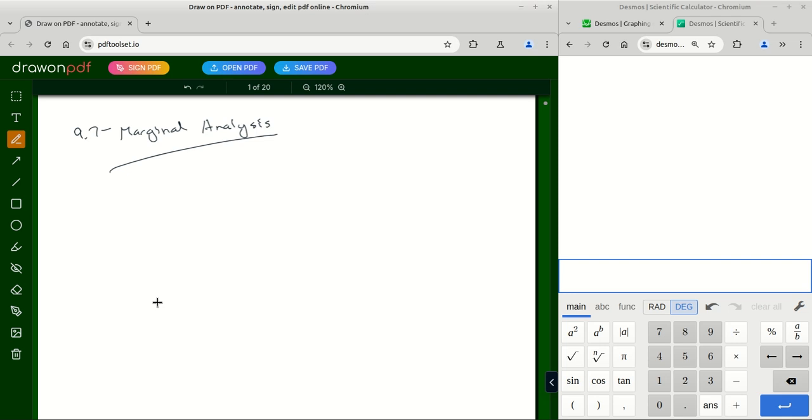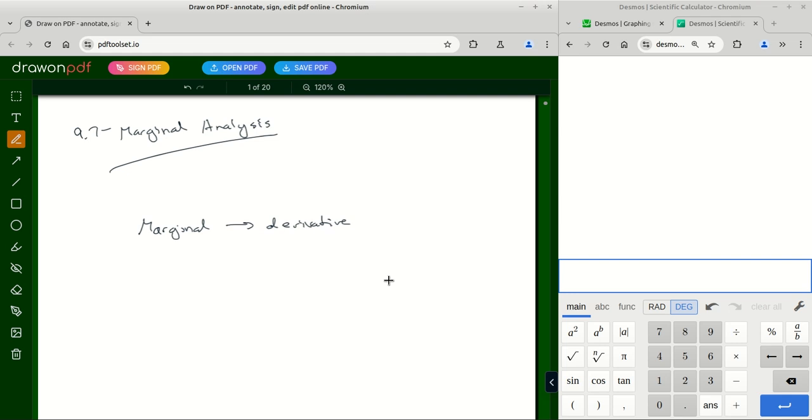We're in 9.7, Marginal Analysis. When they say the word marginal, I believe it just means derivative. I'm not a professional business person.